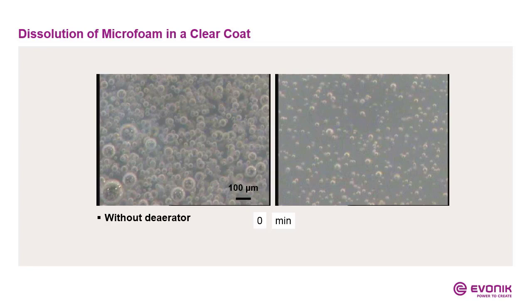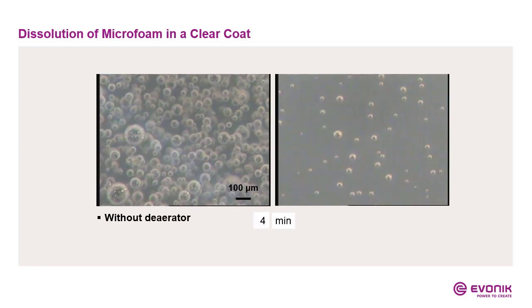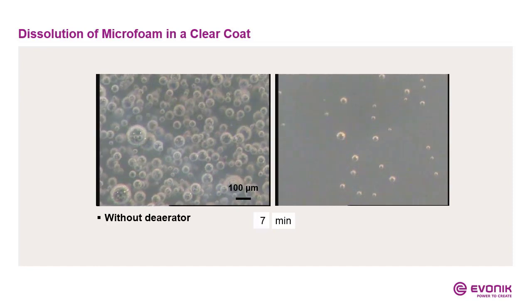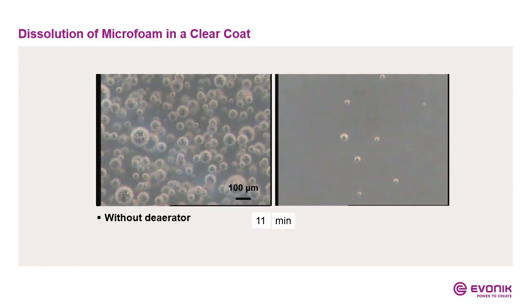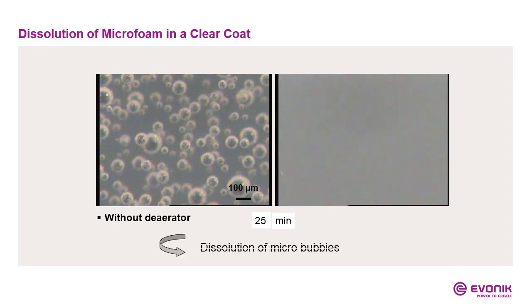On the left, you see more microfoams than on the right side. As time passes, this was taken under the microscope. You see the significant reduction on the right side with deaerator. And after about 25 minutes, you see nothing.